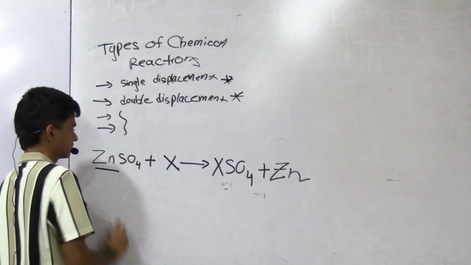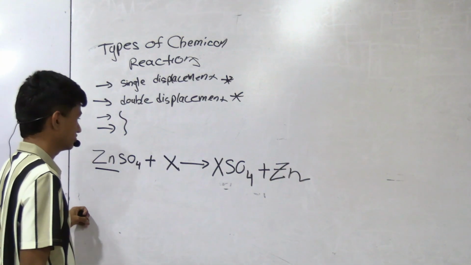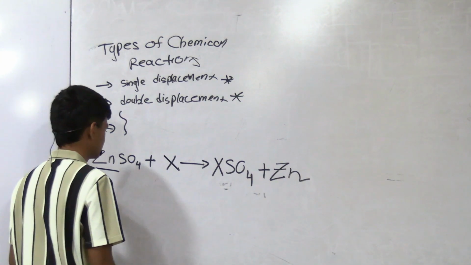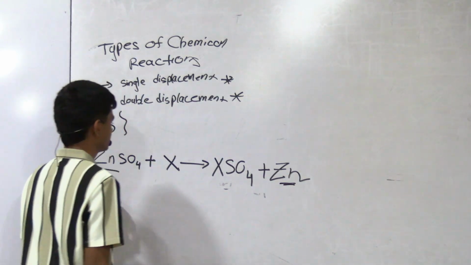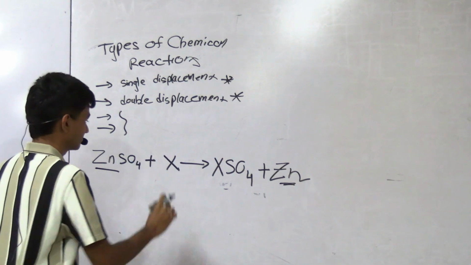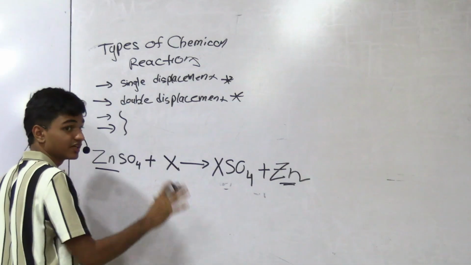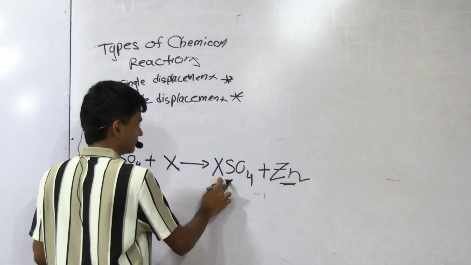Here we have zinc 2+ to be exact, but you guys don't need to know about those right now. We have zinc here. So this X kicked out zinc. X kicked out zinc out of sulfate, and X came into sulfate and bonded.